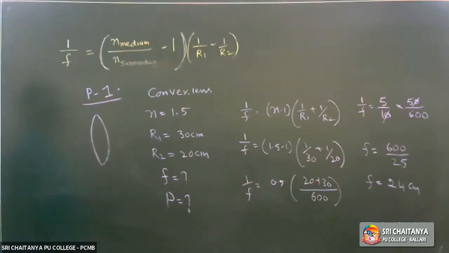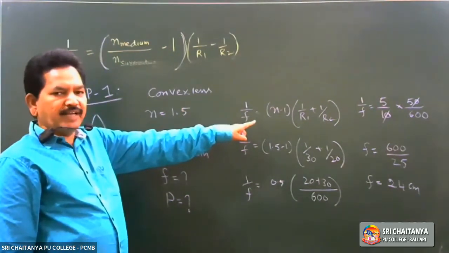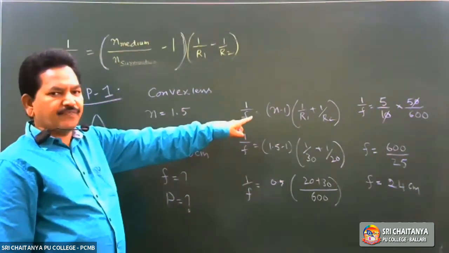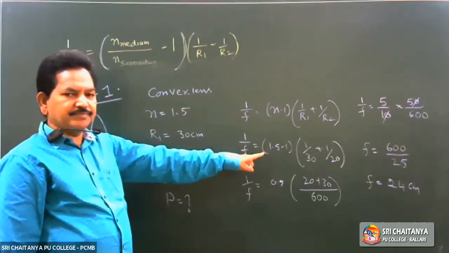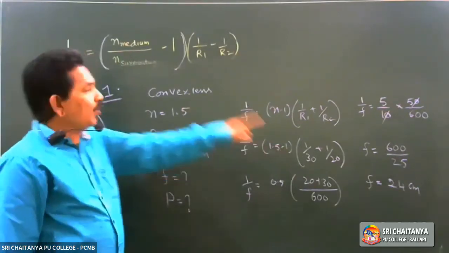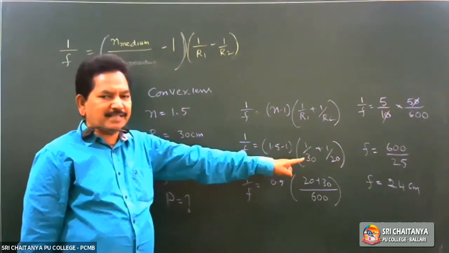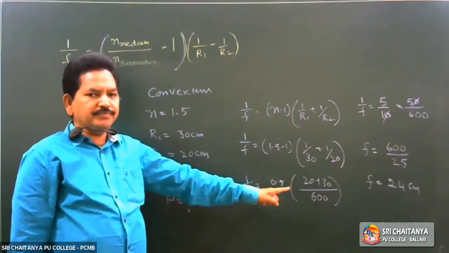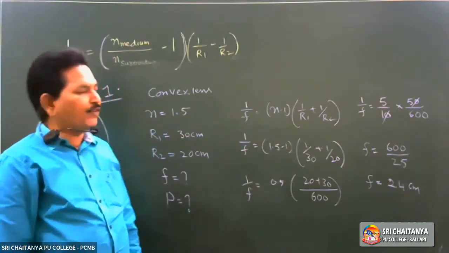Directly applying the formula, 1 by F is equal to (N minus 1) into (1 by R1 plus 1 by R2). In case of a convex lens, (1.5 minus 1) into (1 by 30 plus 1 by 20). Don't use minus; after applying the sign convention, we get plus. Then 0.5 into 50 by 600. I got F as 24 centimeters.